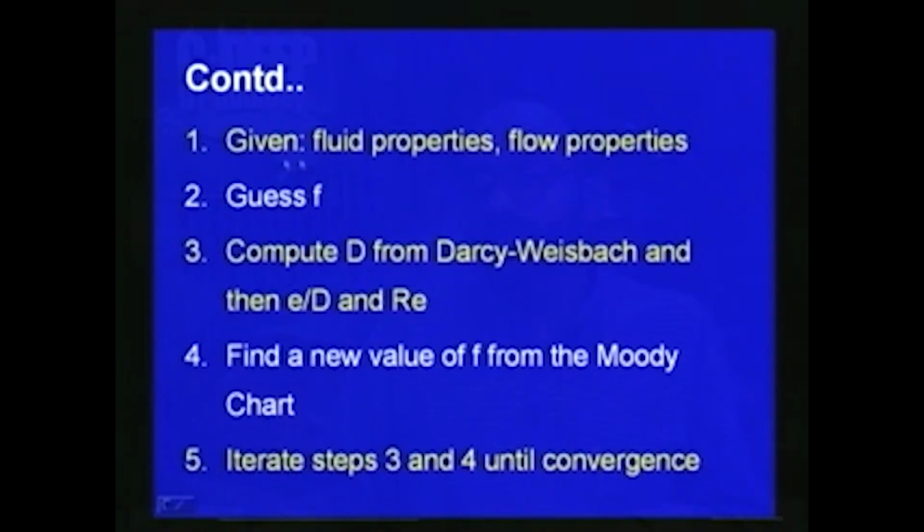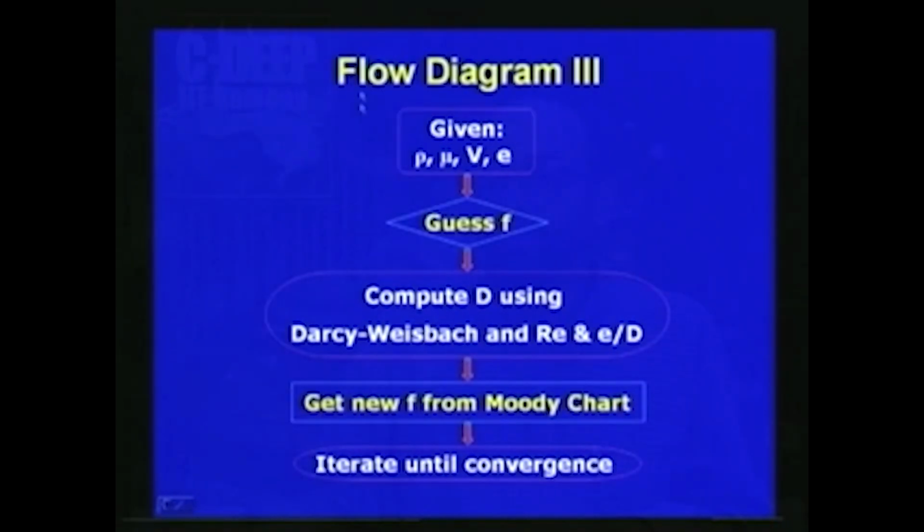Here the procedure is: given fluid properties and flow properties, we assume a value of f, then compute D from the Darcy-Weisbach equation, and then e by D and the Reynolds number, then find a new value of f from the Moody's chart, and then we iterate between steps 3 and 4 until convergence. For this type 3 problem, the flow chart is given here.